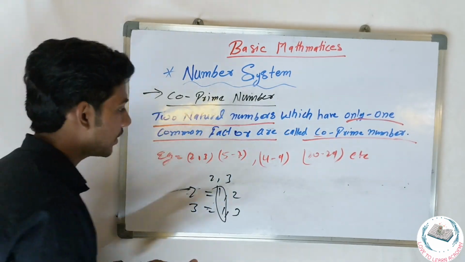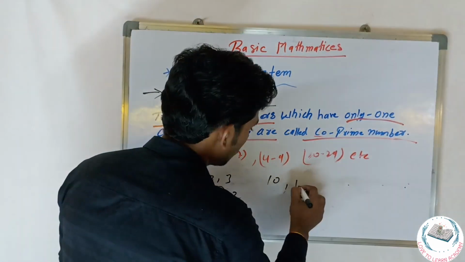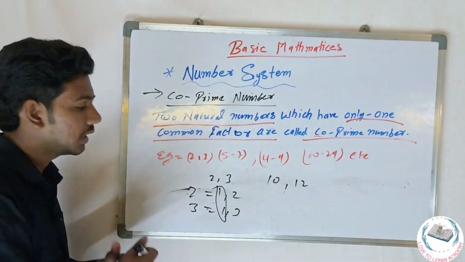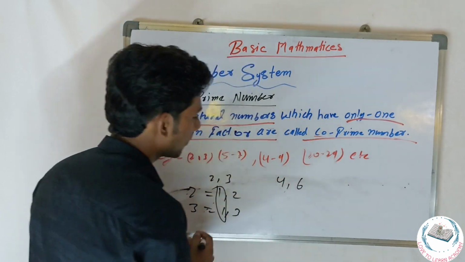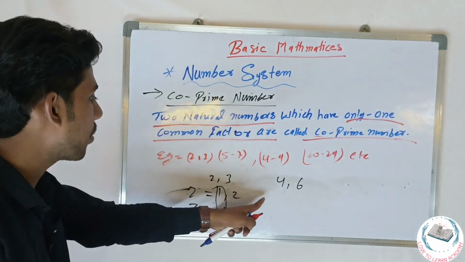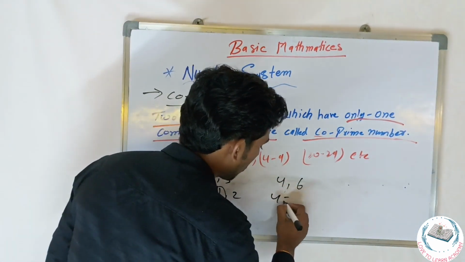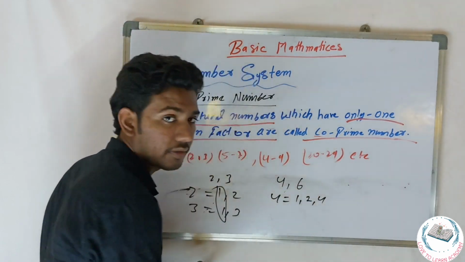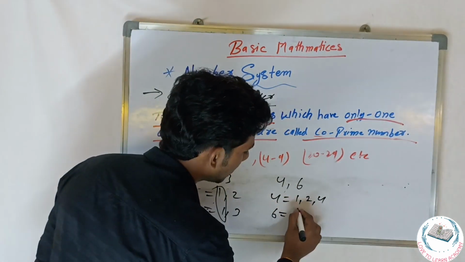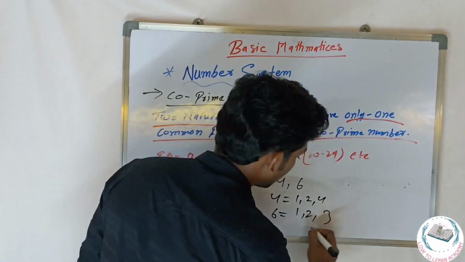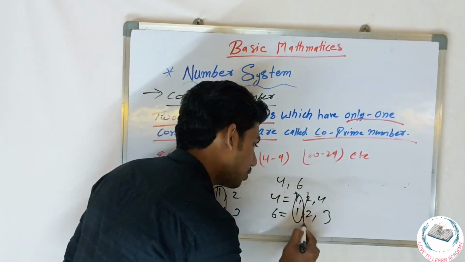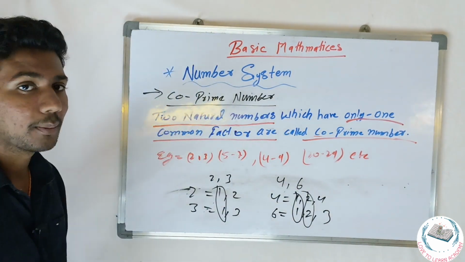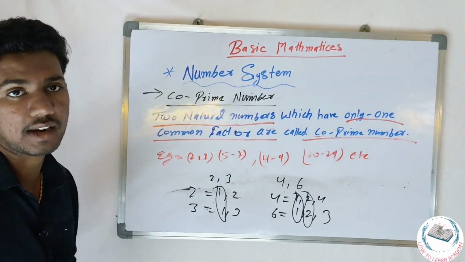Take another example, 4 and 6, a smaller pair. The factors of 4 are 1, 2, 4. The factors of 6 are 1, 2, and 3. In this, 1 is common and 2 is also common, but we want only one common factor.